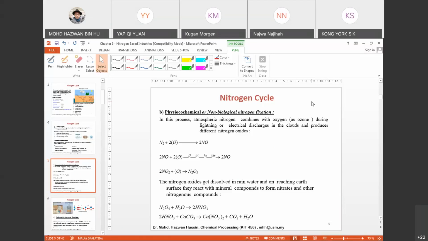So the nitrous oxide will later react with water. This is because in your clouds, you have lots of water molecules. Then it will form nitric acid. When it rains, we call this acid rain.